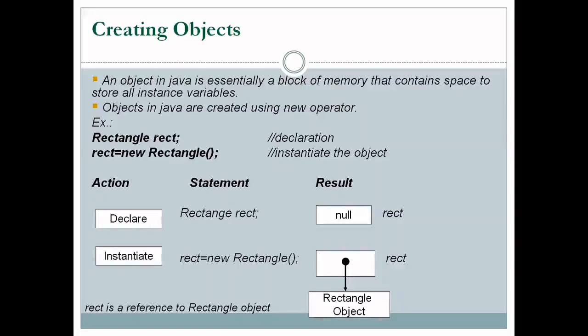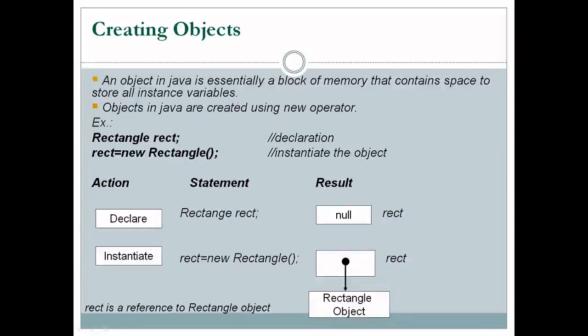First we'll see how to create an object in Java. An object in Java is essentially a block of memory that contains space to store all instance variables.